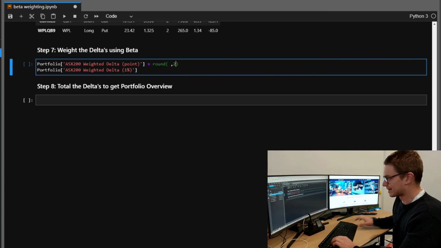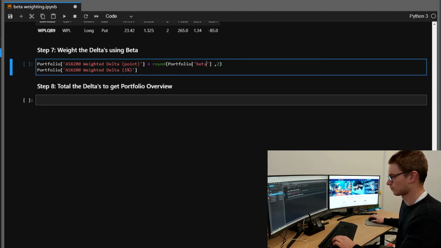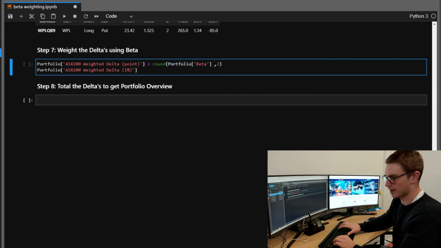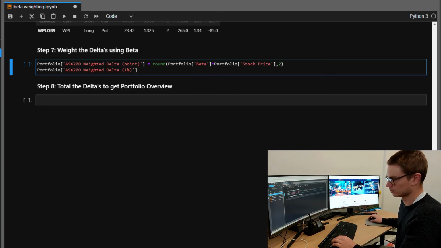We're going to round both of these to 2 decimal places. What I need to do is take the portfolio beta column and multiply that beta column by the stock price.